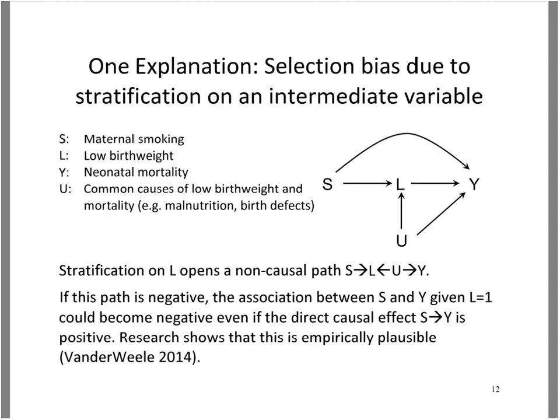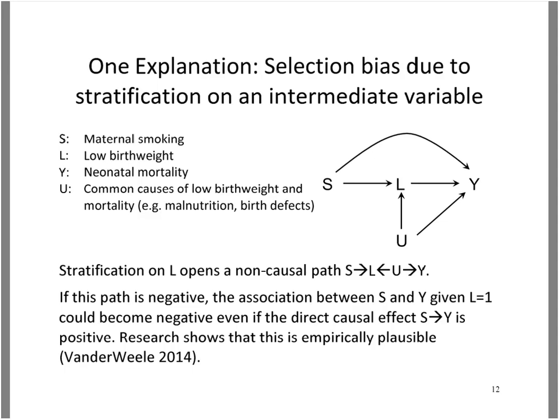So we've stratified or controlled or conditioned on L. And what does that do? Well, note that L is a collider variable on a non-causal path from S to Y. That path is S to L to U to Y. Does everybody see that? Okay, good. So L is a collider on this path because 2 arrows go into L at this point.